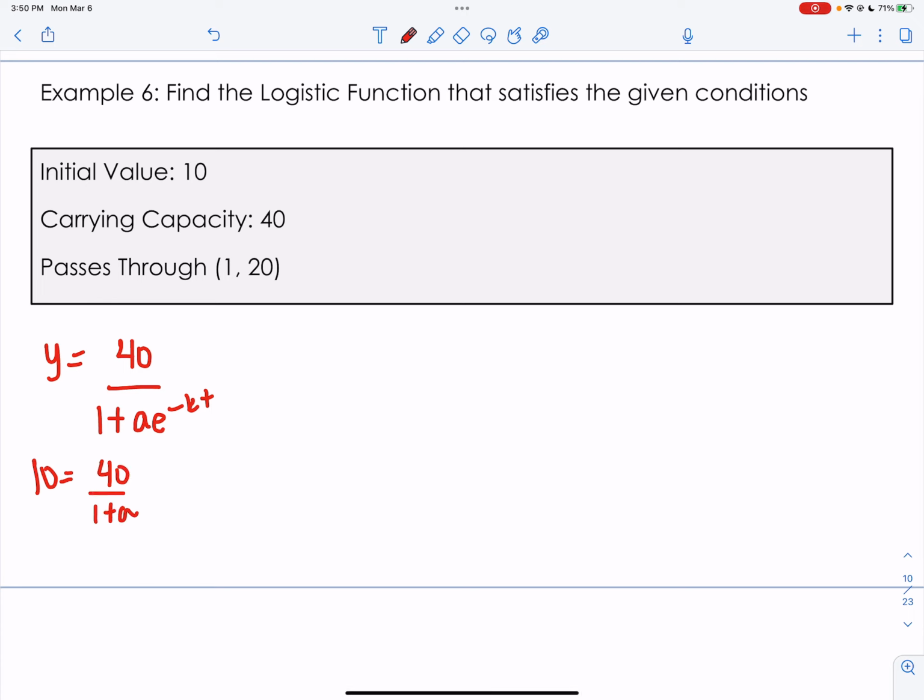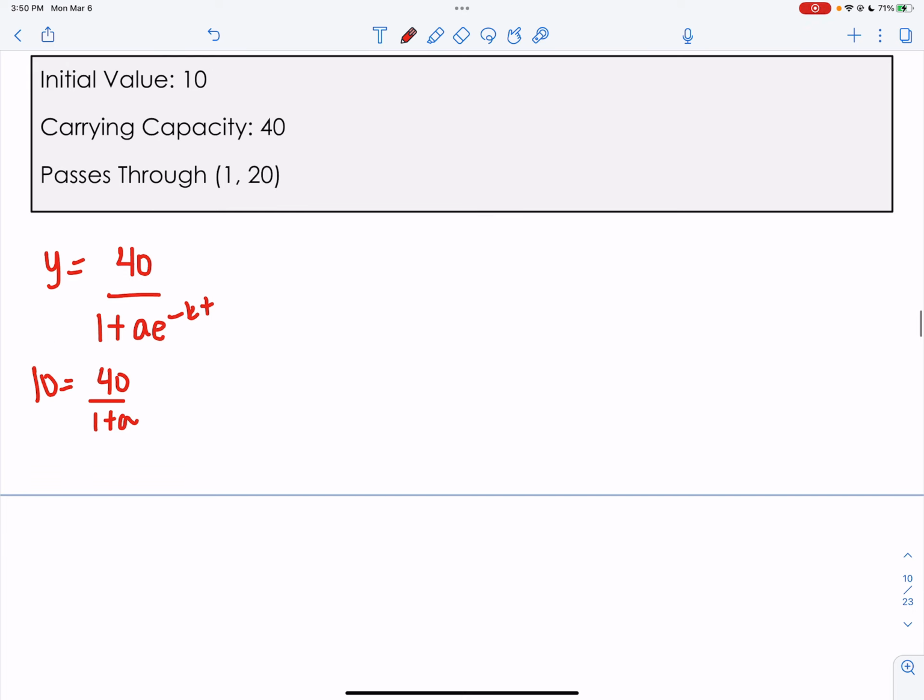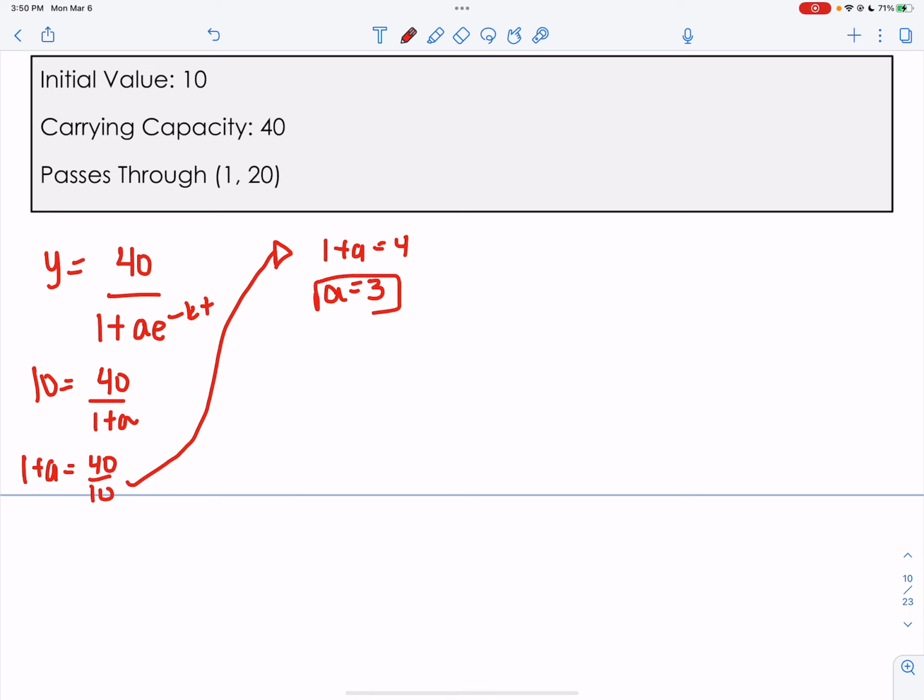Because remember, e to the 0 is just 1, so I'm not going to include e. I'm going to flip-flop my 10 and my 1 plus a. 40 over 10 is just 4. So now a is equal to 3.